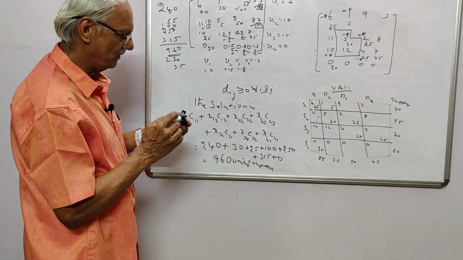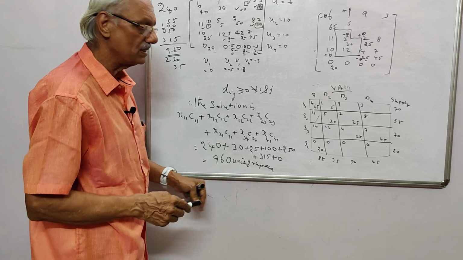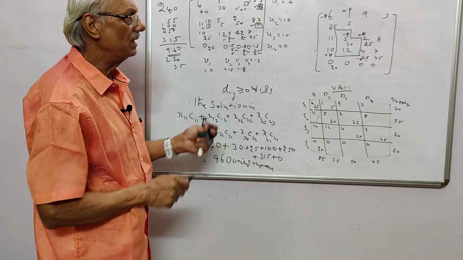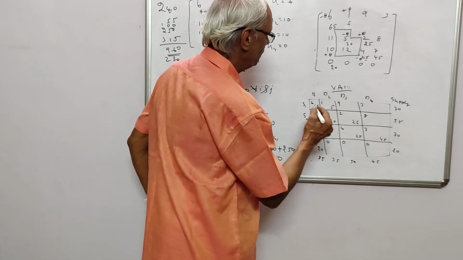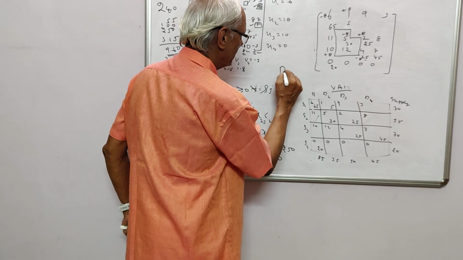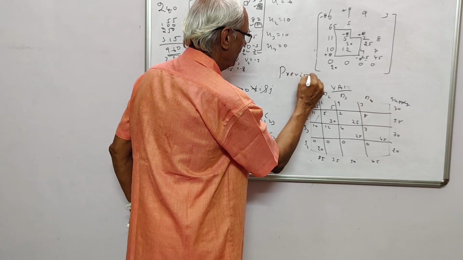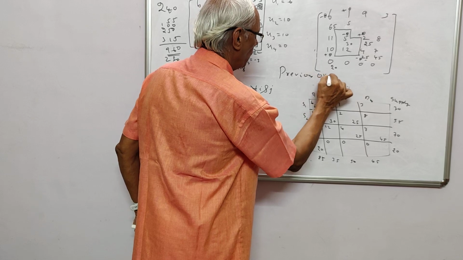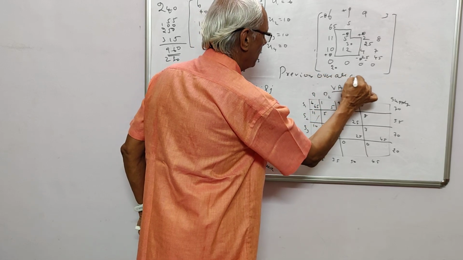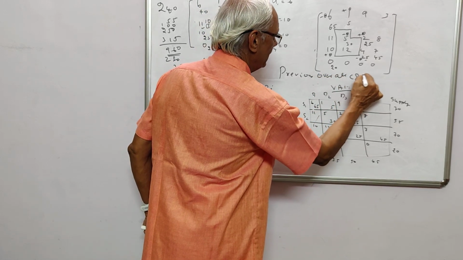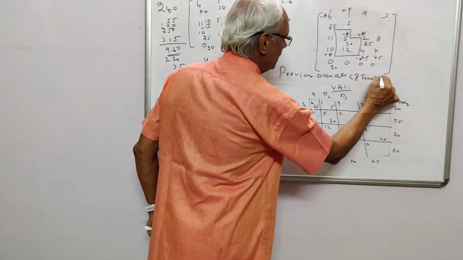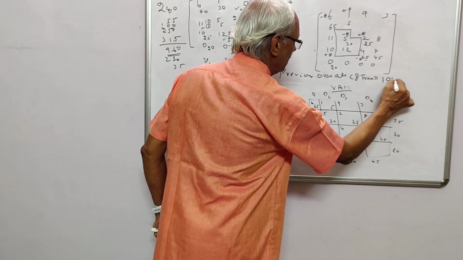So you see that earlier we had 960 units of rupees, but previously, what is that you had previously? Previous overall cost of transportation is equal to 1010.